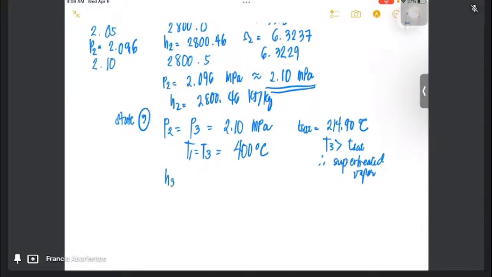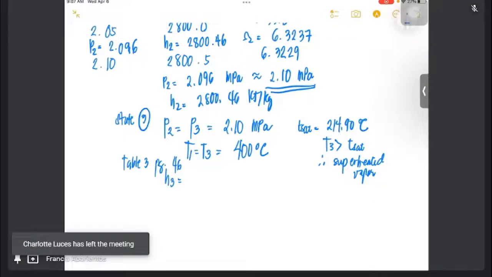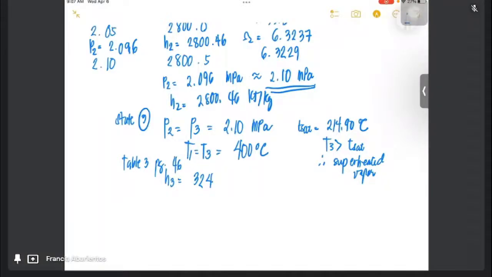What is now the properties na kailangan natin? We have the H3. So, table 3, page 46. We have now the 210 and your guide is the 400. 3246.0 kilojoule per kilogram, and we have now the S3, which is equal to 7.1027 kilojoule per kilogram kelvin.